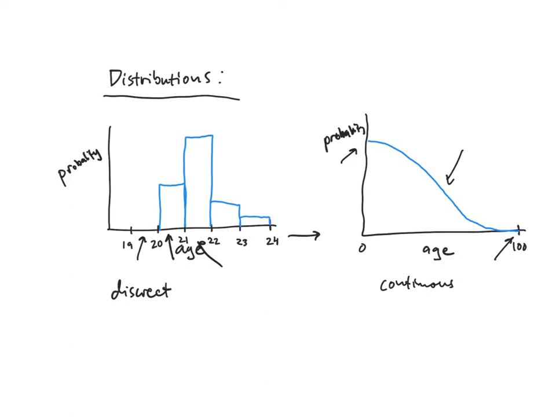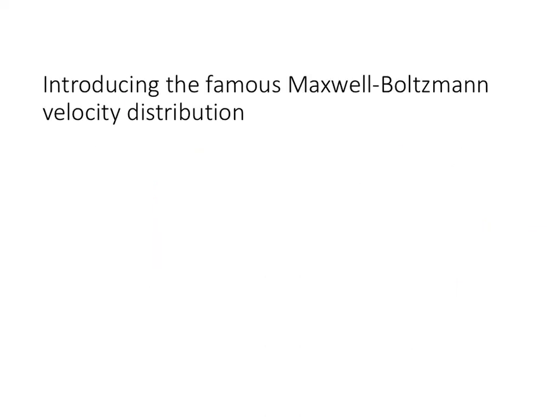On the next slide, we're going to use a continuous distribution to represent the probability of finding particles at particular velocities. So imagine we have a system of gas particles, and there's a lot of particles in the gas scattered around randomly, and they all have random velocities.